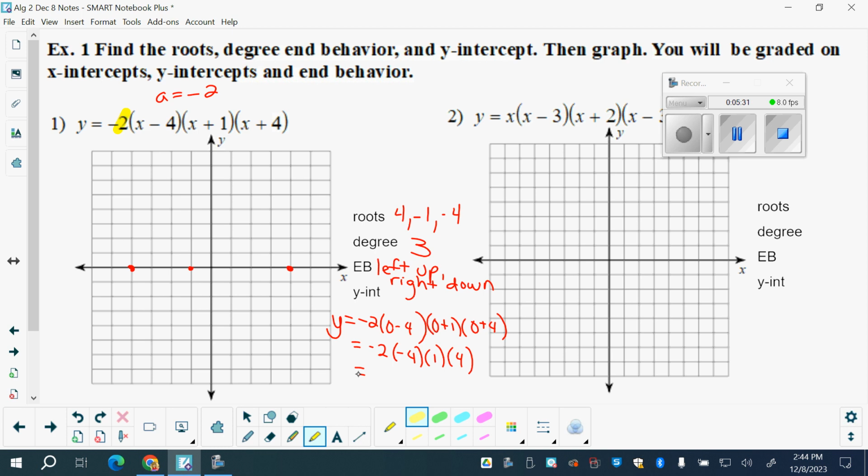And so what does that give us? Feel free to use a calculator. What does that give us? 32. So my y-intercept is 0, 32. So my 32, if I go by ones, won't fit on here. So I'm going to go by increments of 4.